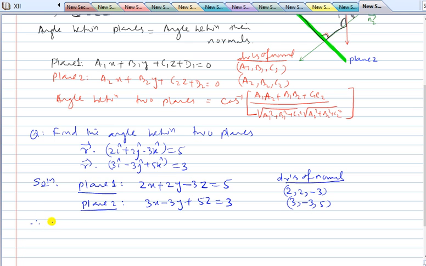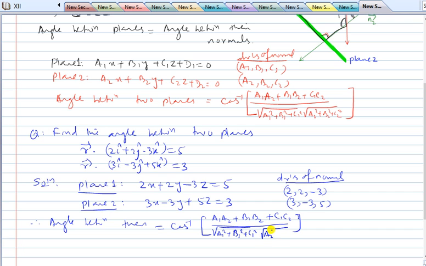So therefore the angle between them is given by cos inverse of the formula, that is a1 a2 plus b1 b2 plus c1 c2, where a1 b1 c1 are the DRs, divided by square root of a1 square plus b1 square plus c1 square into square root of a2 square plus b2 square plus c2 square.